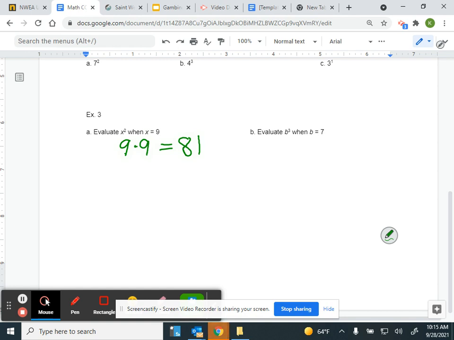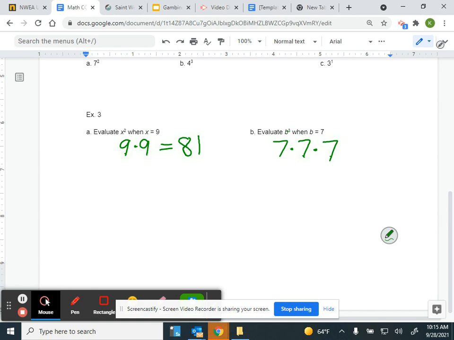B, evaluate B cubed when B equals 7. What will our expression look like? Regan. 7 times 7 times 7, because there's a 3 for our power, so we need to do it 3 times. So 7 times 7 times 7 would give me what?